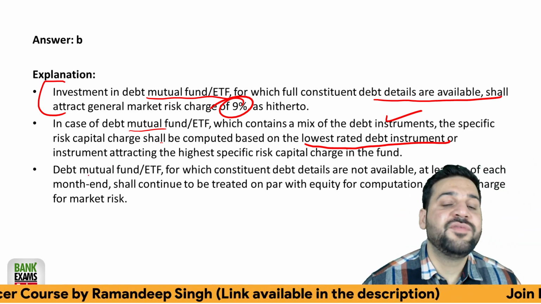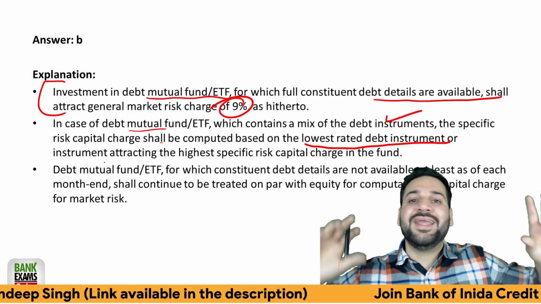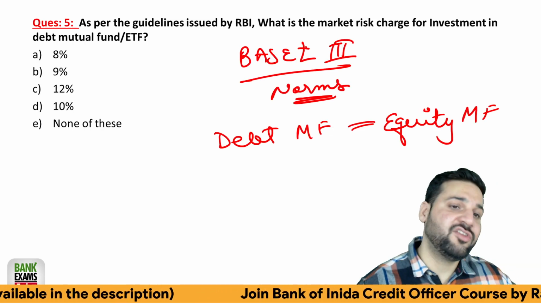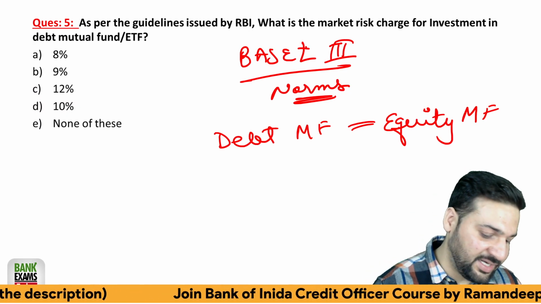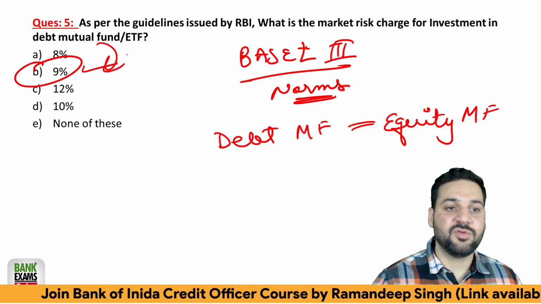So if there is a balanced fund, aggressive balanced fund which has a combination of equity and debt, it will be treated as par with equity जैसे पहले किया जाता था. So 9% is the correct answer. General market risk of 9% is attracted to the debt mutual fund.